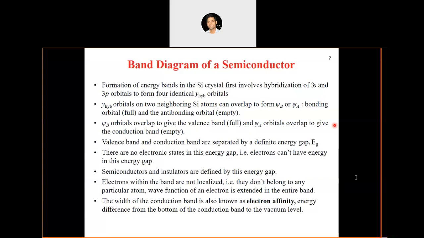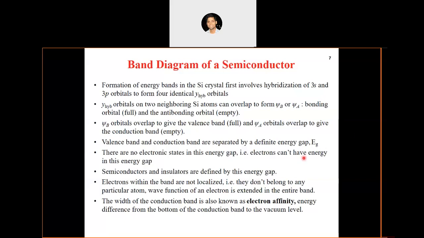When we have four orbitals on each side, there will be four bonding orbitals and four anti-bonding orbitals. So all the electrons which are there before hybridization will be in the bonding orbitals only. There will be a total of 8 electrons, and the four bonding orbitals will occupy 8 electrons, and all the anti-bonding orbitals will be empty even after that. All right, is that clear?